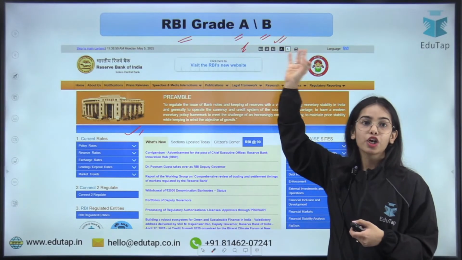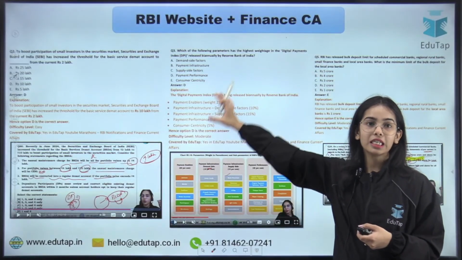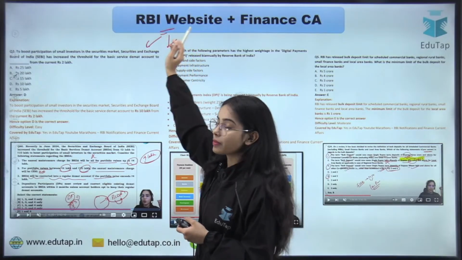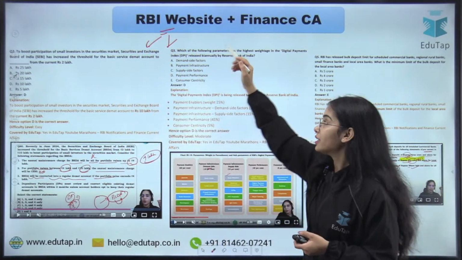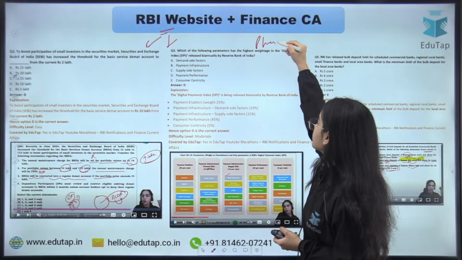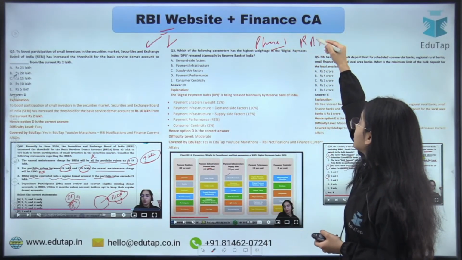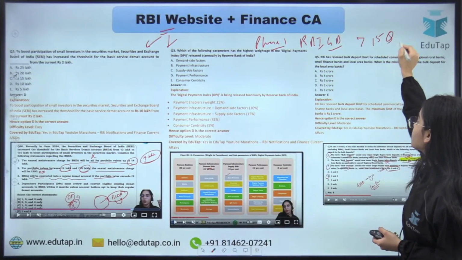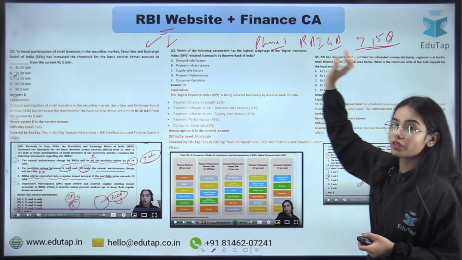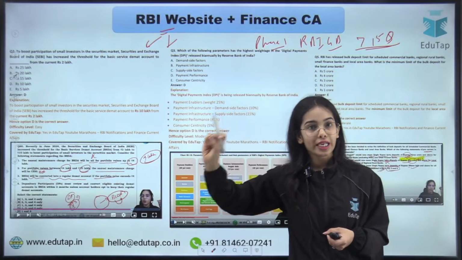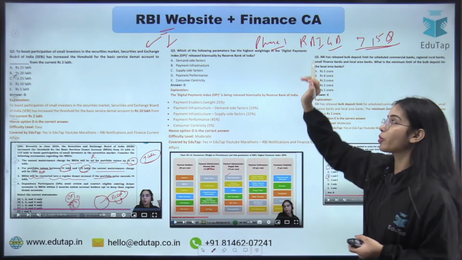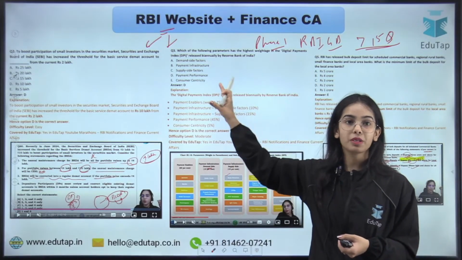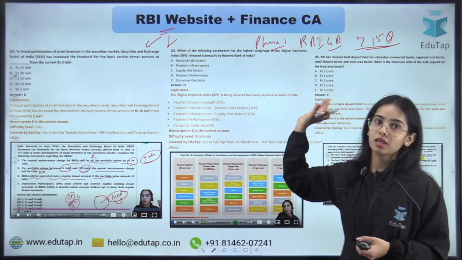In the RBI grade B, through the previous year questions, we have seen that the RBI notifications, RBI press releases, that is the RBI website, is very, very important. In phase 1 of the RBI grade B, there were more than 15 questions in the GA section from the RBI website and finance current affairs, and in phase 2 also there were multiple questions from the RBI website and finance current affairs.